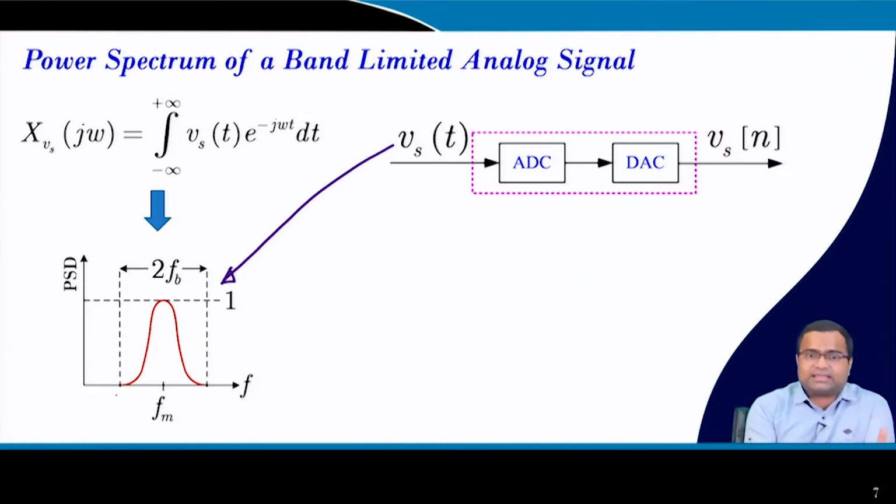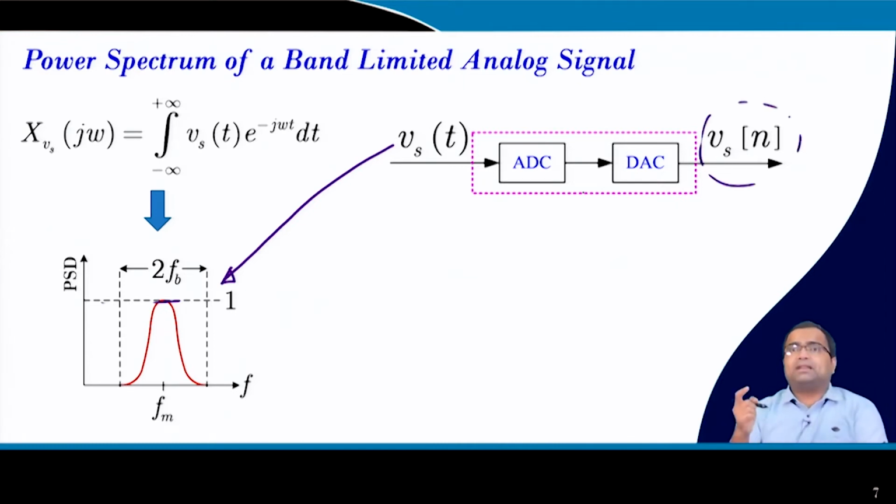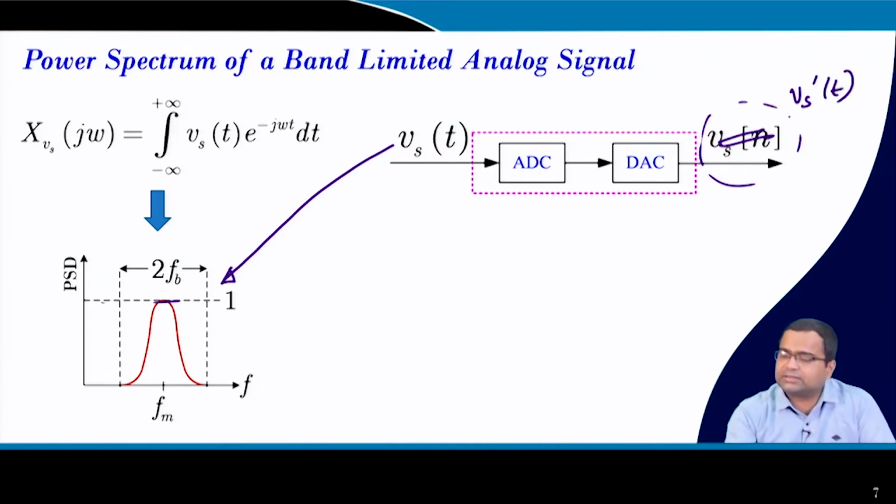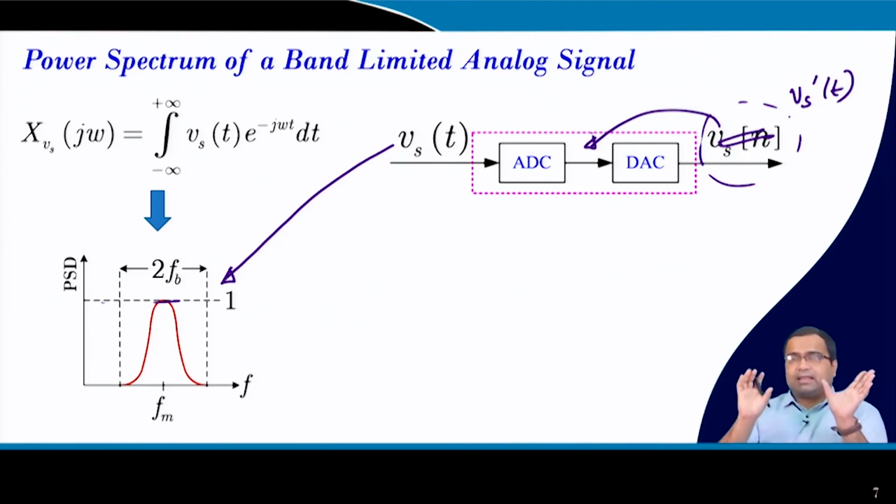Assuming normalization, the peak value of the power spectral density is 1. Now, we want to see what will happen to the power spectral density of the signal after ADC followed by DAC. It is again a continuous signal, Vs dash t, because it is discretized and then becomes a continuous time signal again.